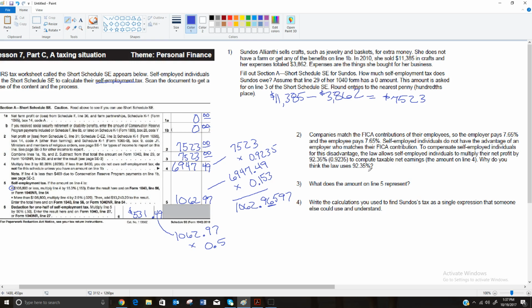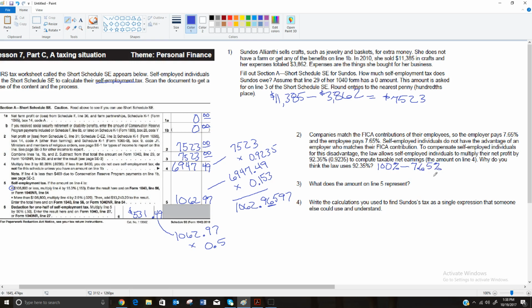So the question is, where do you think that 92.35% comes from? Well, it comes directly from the fact that you're employing yourself, you don't have an employer, but we don't want to punish you for that. And so they're going to take 100% and subtract out what your employer would have paid if you had an employer, and only make you pay on the leftover.